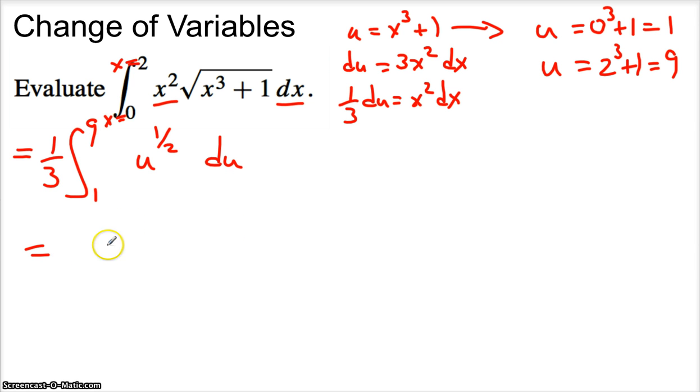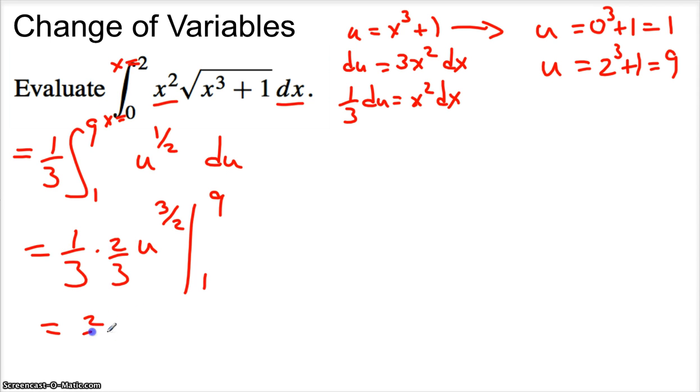So we have the new limits here. Let's use the antiderivative rule, the power rule here. 1/3, add 1 to the exponent. 1/2 plus 1 is 3/2, and then you divide by that exponent, so it's flip and multiply, that's 2/3, and we're going to evaluate that from 1 to 9. 1/3 times 2/3 is 2/9, u to the 3/2 evaluated from 1 to 9.